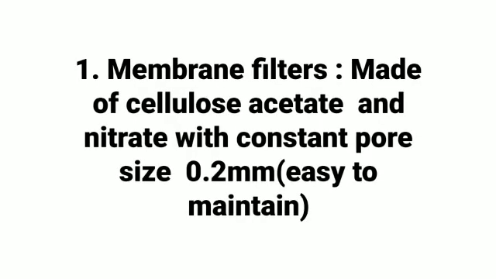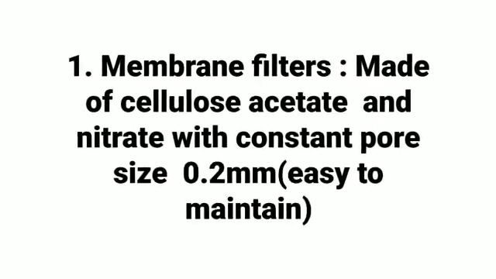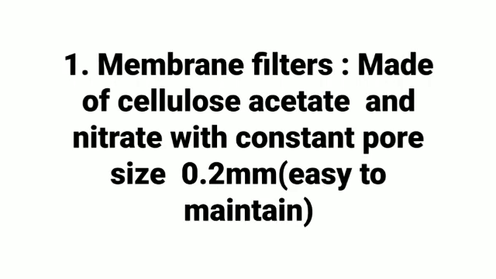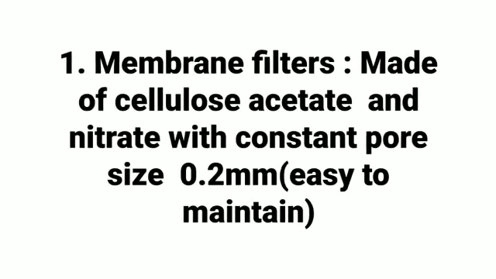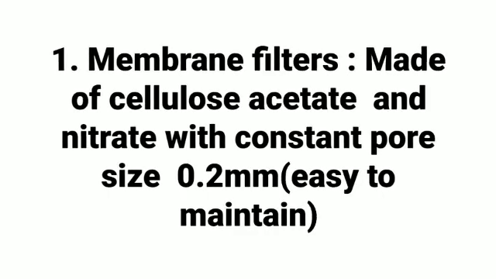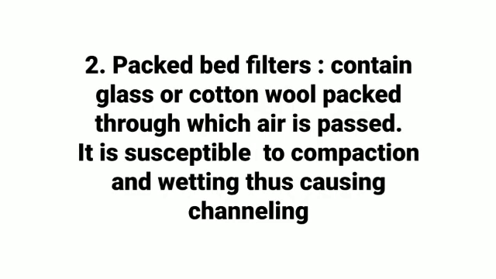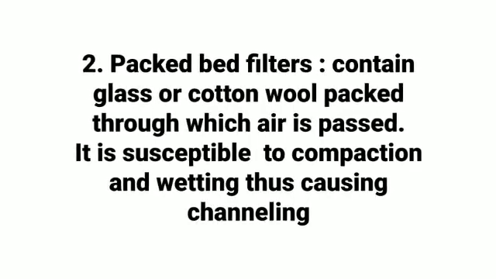Three types of filters. First one, membrane filters. These are made up of cellulose acetate and nitrate with a constant pore size of 0.2 mm, and it is quite easy to maintain. Packed bed filters. It contains glass or cotton wool packed through which air is passed.